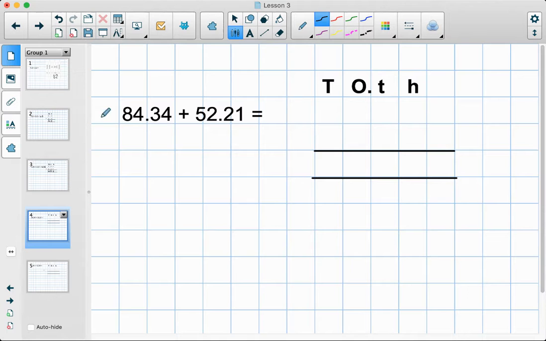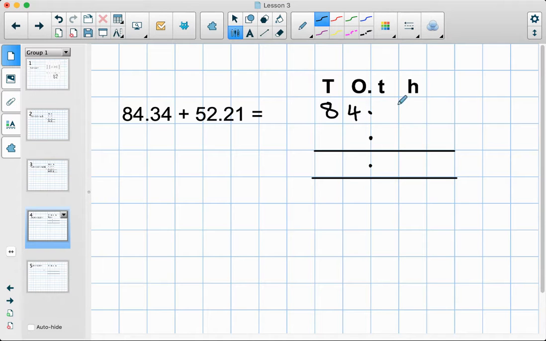Okay, so we need to write this one in ourselves. The first thing that I would do is have a look at where my decimal place is, and I would write in my decimal place all the way down to the answer. Then I'm going to have a look at my first number. These two numbers here, 8 and 4, are in front of my decimal place. So my tens is 8 and my ones are 4.